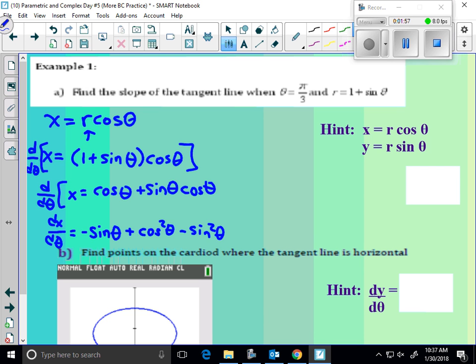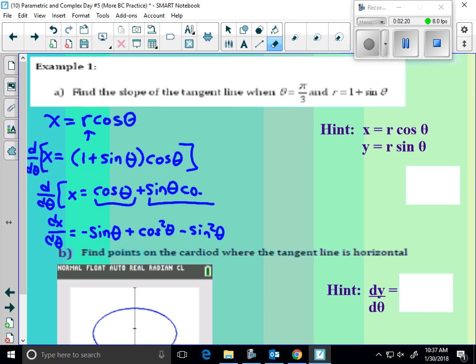So I just took the derivative of cosine, got negative sine, took the product rule derivative of sine cosine, and got cosine squared minus sine squared. Now that's not equal to 1. It's not cosine squared plus sine squared. So I have cosine squared minus sine squared, and then this minus sine at the end.